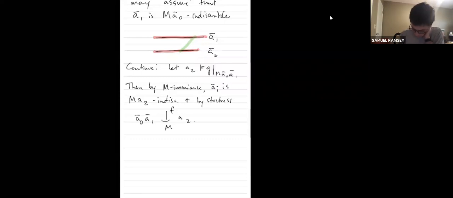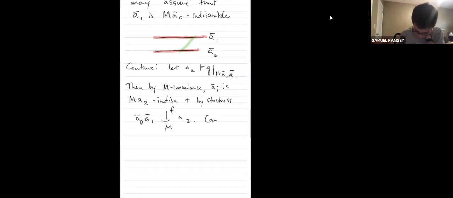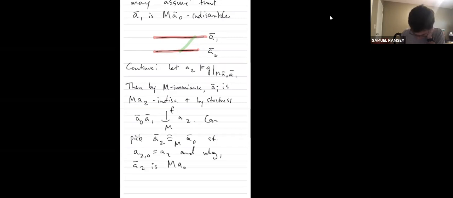And so you can pick A bar 2 that has the same type over M as A bar 0, such that, without loss of generality, A bar 2 is M A bar 0, A bar 1 indiscernible.